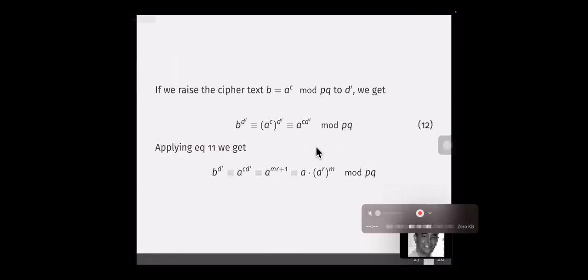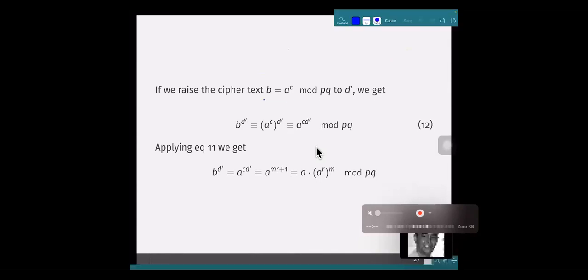So if you raise the ciphertext mod PQ to the power D, we have B raised to the D equal to AC raised to the D prime.